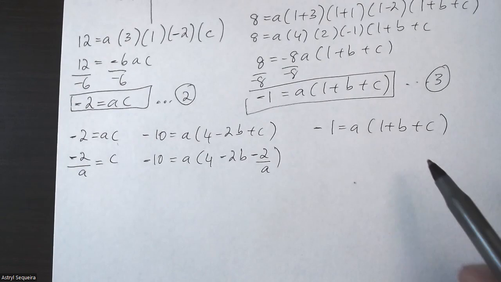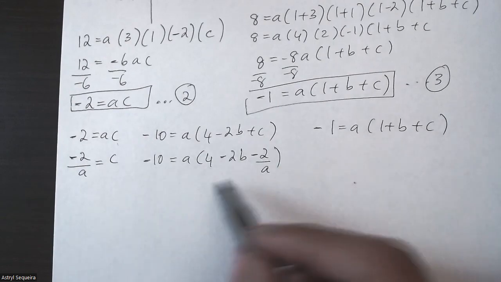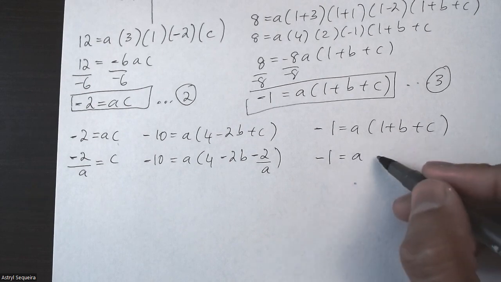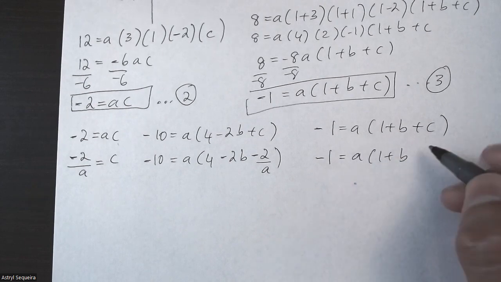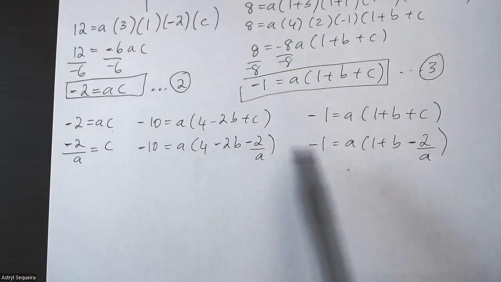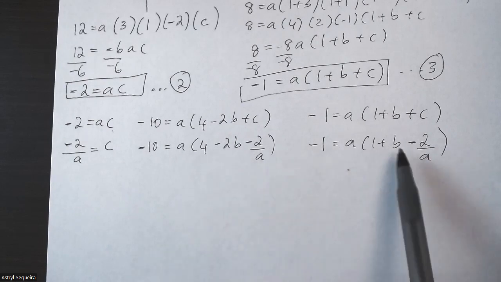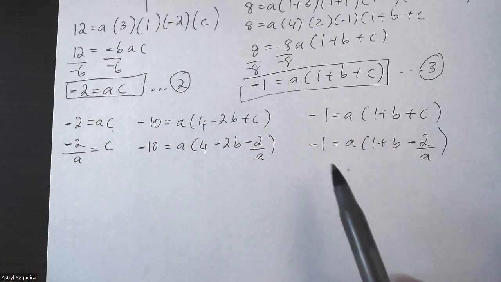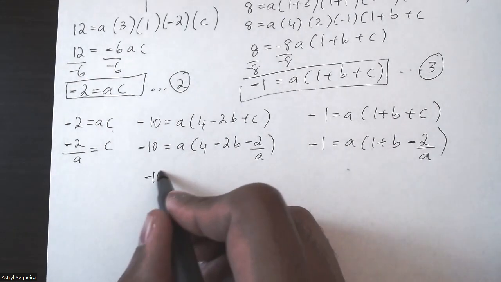And I'll do the same in this equation over here. Technically, I can't really simplify this too much. -1 equals a times (1 plus b minus 2 over a). So now I have two equations and two variables. I can solve these two using substitution. I'll start by dividing by a on the other side to simplify for both of them.